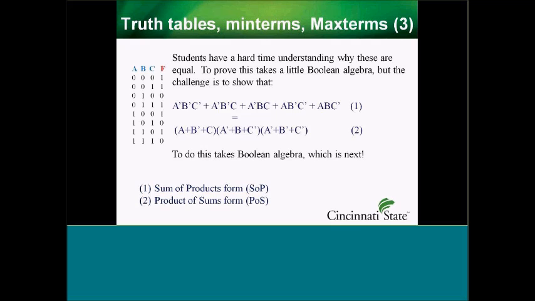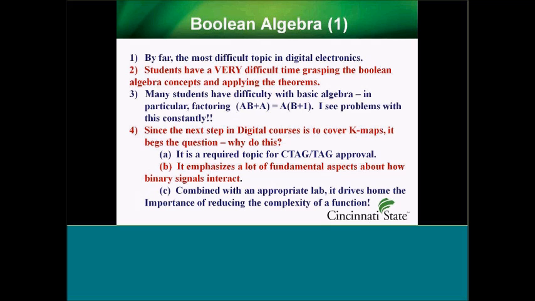All right, Boolean algebra. These are just my notes. I write these things down at the beginning of the section. By far, this is the most difficult topic in digital electronics. I said last time that it has a lot to do with math maturity and what students can and can't do in their level of experience. One of my approaches is to raise the math level requirement for the course, and that's helped.